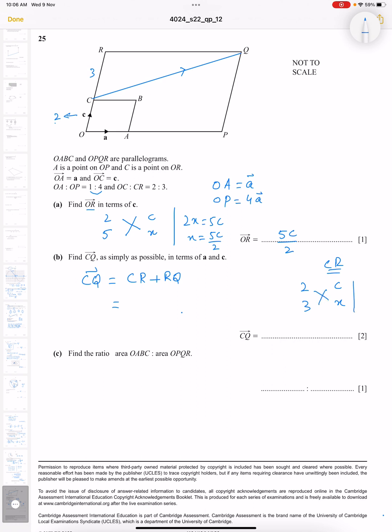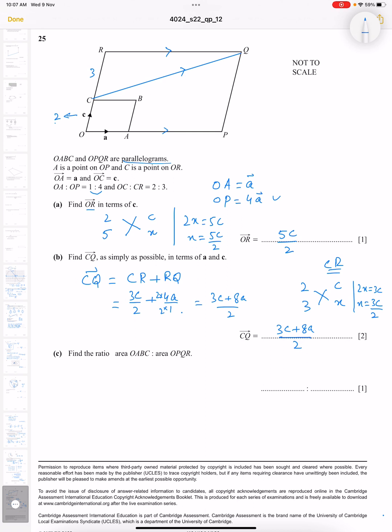So 2x is equal to 3c, x is equal to 3c over 2. So CR is basically 3c by 2. And RQ is equal to OP because it's a parallelogram, and OP is basically 4a, so 3c by 2 plus 4a. Let's simplify it by making the denominator the same. So that becomes 3c plus 8a by 2. That's CQ, 3c plus 8a by 2.